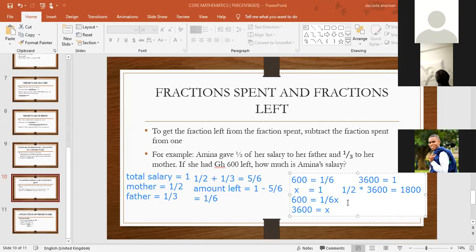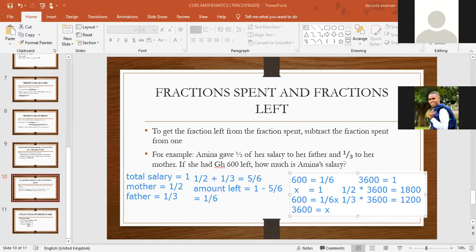Is that okay? Then she gave 1/3 to her father. That's 1 over 3 by 3,600. And that will give us what? 1,200. So 1,800 plus 1,200 will give us what? 3,000 Ghana cedis.